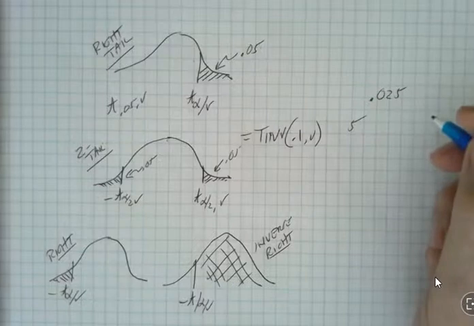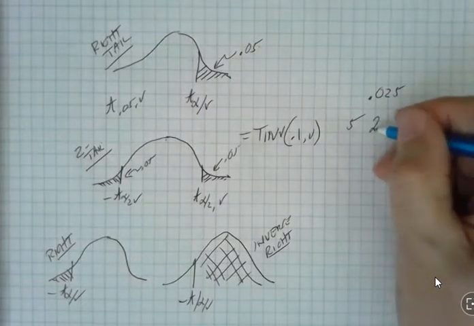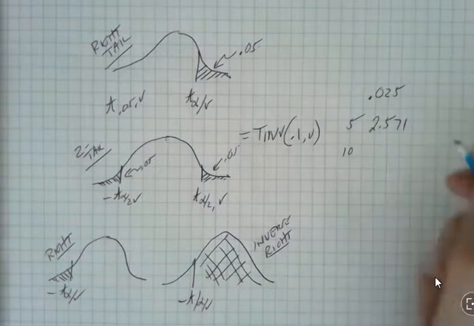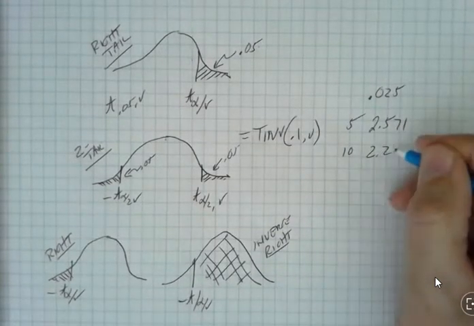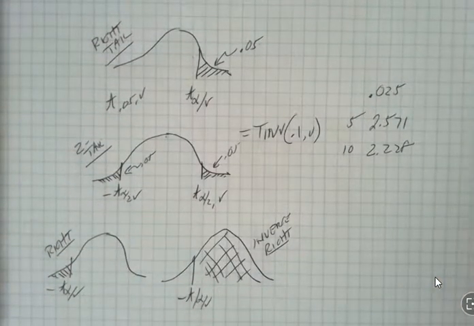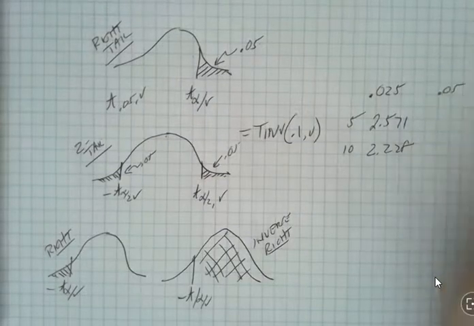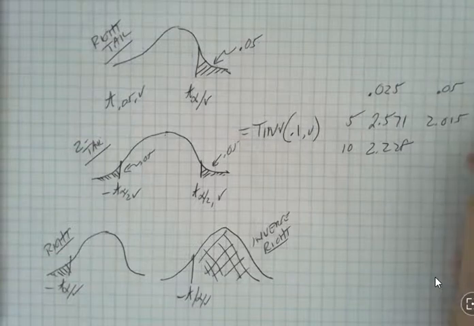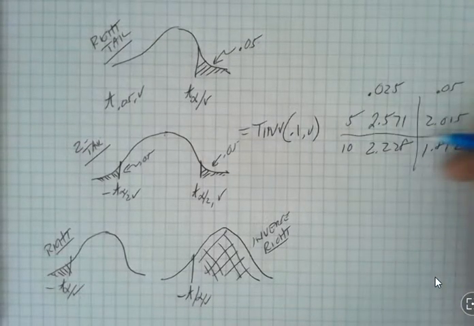Go look up the value you expect to get from the table so you know the correct answer. Maybe do it for a degree of freedom of 10 and get the 2.228. Repeat it for maybe the 0.05 probability, so you get the 2.015 and the 1.812. So make sure you can create this table, if you will.